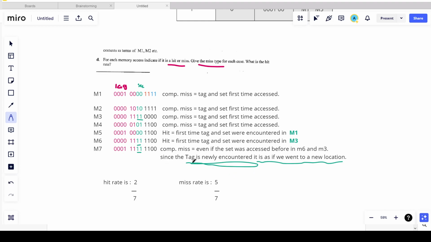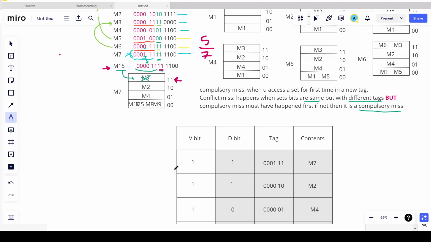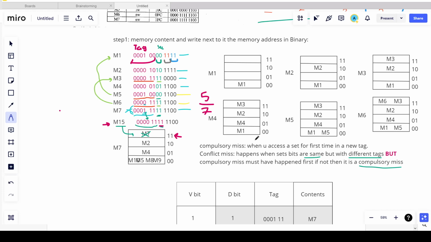Since the tag is newly encountered, you can remove what was inside that set, as we did in this example, where we deleted M6 and M3 in order to put M7.